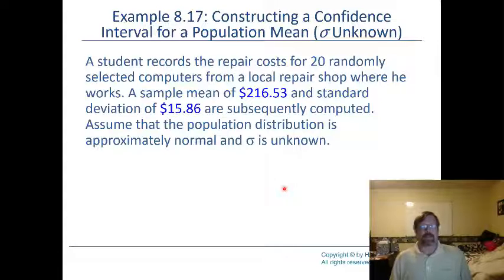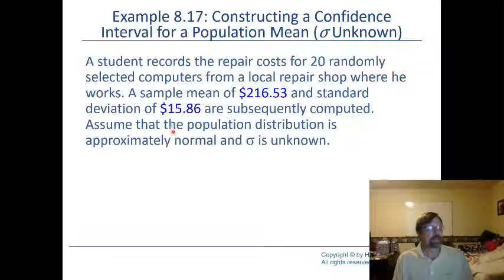Okay, so if we're looking at costs at a local computer repair shop, looking at 20 randomly selected repair jobs. So our sample size is 20. Our mean is 216.53, and the standard deviation is 15.86.